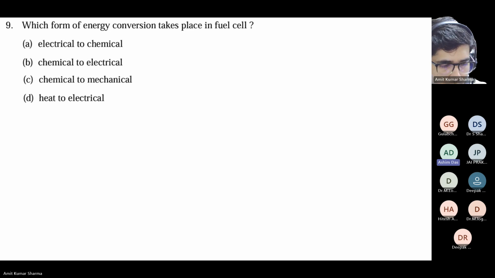That electron is separated and collected from one side. So directly from the chemical reaction we are getting electricity. In simple words, a fuel cell is an electrochemical device that converts chemical energy into electrical energy by means of electrochemical reactions.